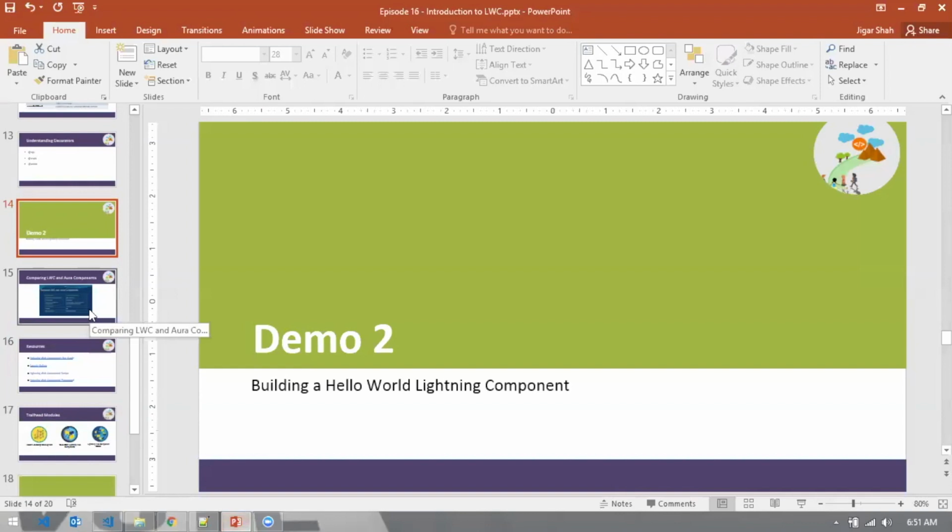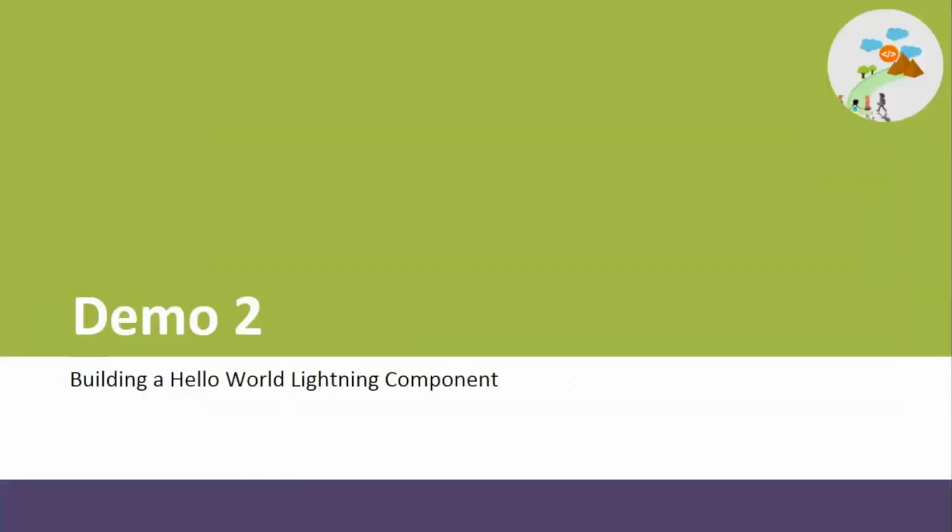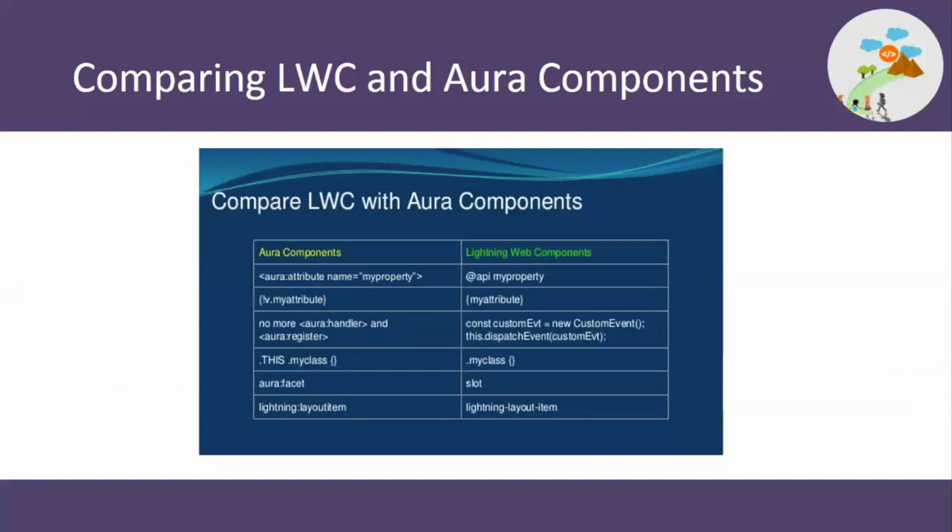So that's all about how you can go out and build your own Lightning web components. Just to give you a simple feature comparison between Lightning web components and Aura components: you would essentially use an Aura attribute tag in Lightning Aura components, but with Lightning web components, it is the decorators that you would use, and you have the flexibility of using either a public or a private access specifier with the @API or @track decorator.